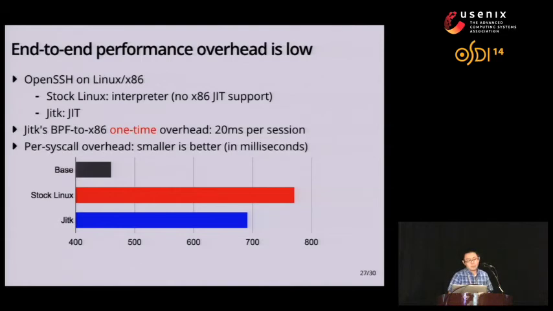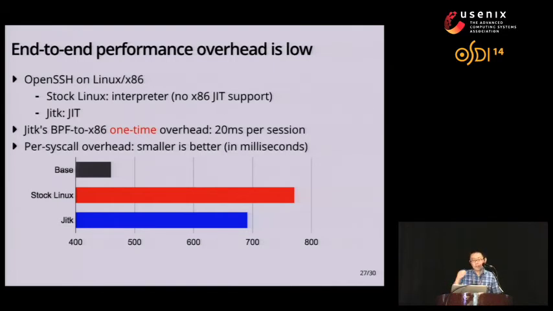Here are some end-to-end performance numbers. The setup is we are running OpenSSH on Linux x86. Stock Linux doesn't have an x86 32-bit JIT, so it's actually running in interpreter mode. In our case, Jitk is running in JIT mode. Here are our two kinds of overhead numbers. The first is a one-time compilation from BPF to x86 overhead.